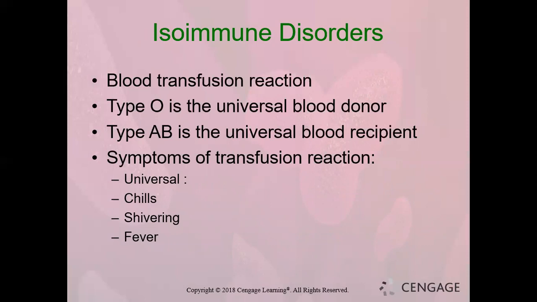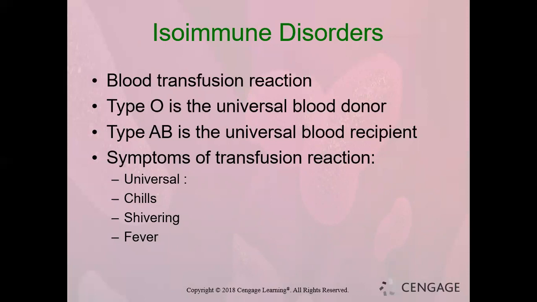So what that means is if I am type O, I can go to the blood bank and give blood, and they can take my blood and give it to somebody who's B positive. Actually, it's O negative that is the universal blood donor, and AB positive is the universal blood recipient.